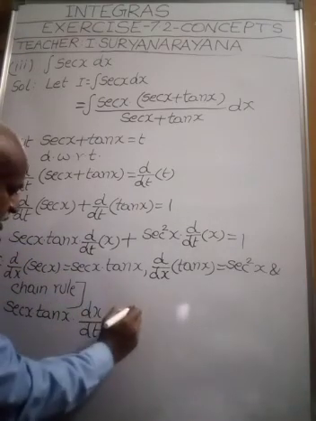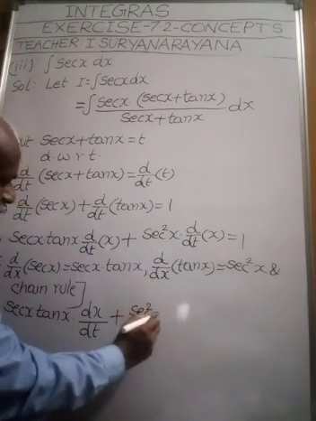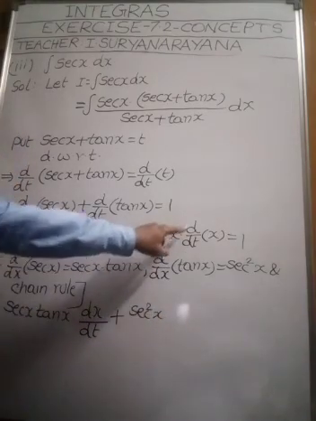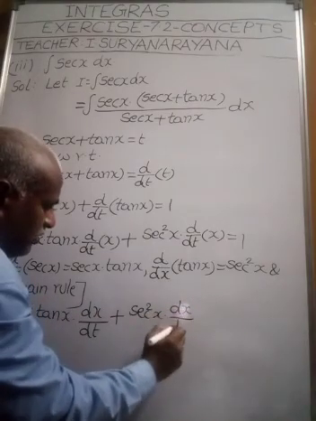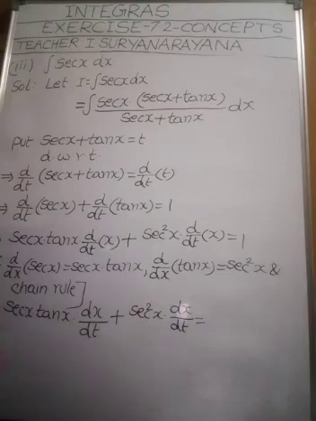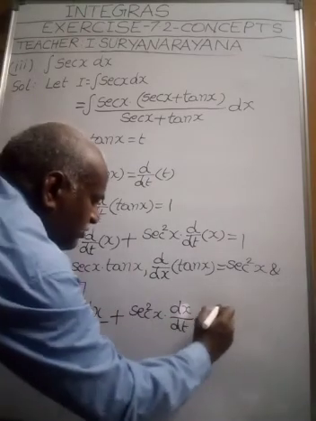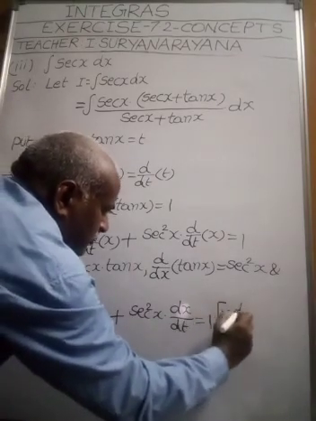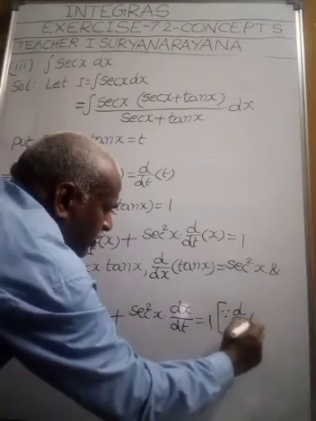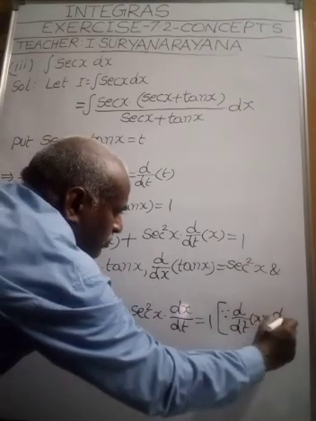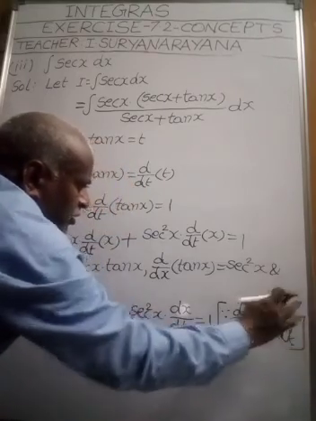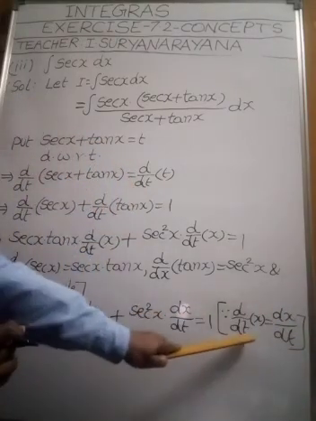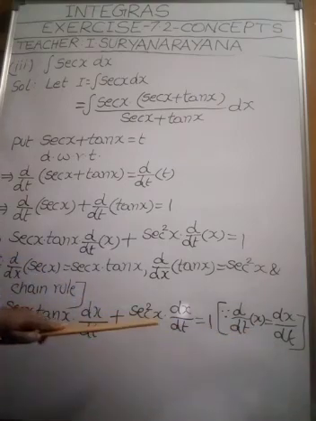Plus secant square x, here also we get dx by dt. dx by dt is equal to 1 because d by dt of x is equal to dx by dt. By using this result, we wrote this step. Understood this step, my children? Right.